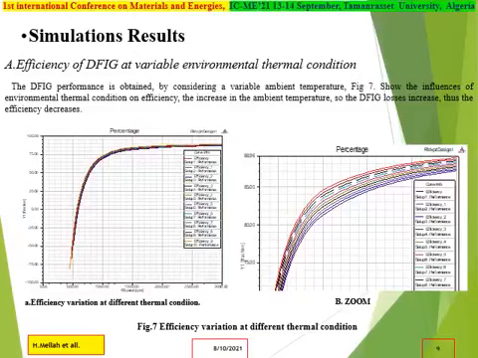For this, several simulations have been carried out, and we computed the efficiency speed characteristic for several temperatures, and this is the result of this computation. This figure is a zoom of this. We can see this influence.